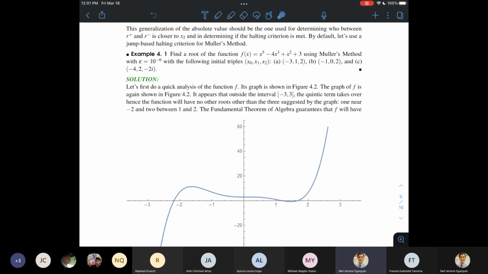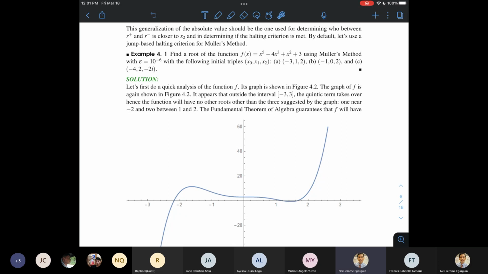So nabigyan tayo ng paraan para mahanap yung mga complex roots ng mga functions by just simply replacing the secant line in the secant method by the interpolating quadratic polynomial in Euler's method. Okay? And then yun nga, ang ganda nung nakuha nating additional feature using Euler's method.